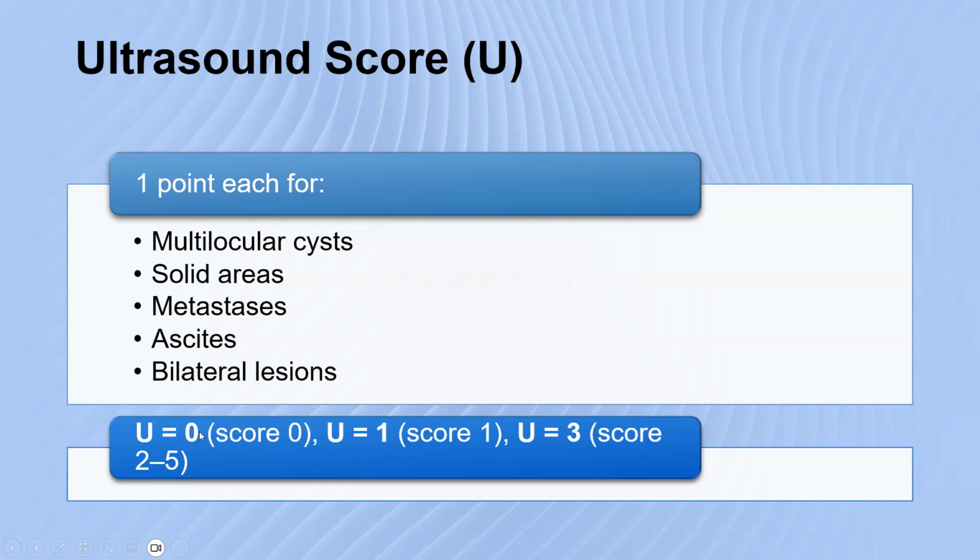Ultrasound score is 0 if no features are found among these, and it is 1 if one feature is found, and 3 if two or more than two features are found. So the score can be 0, 1, or 3.